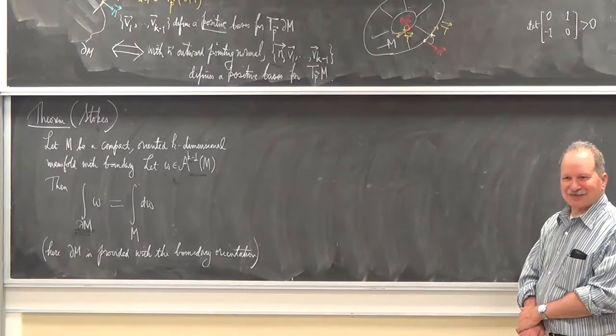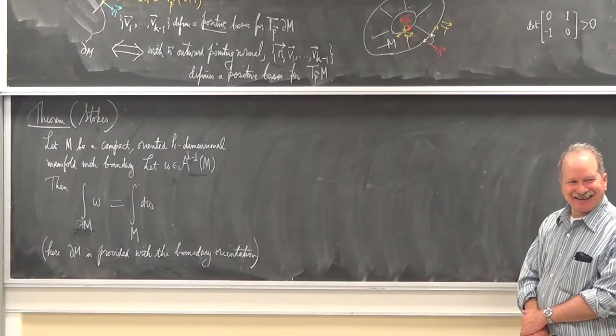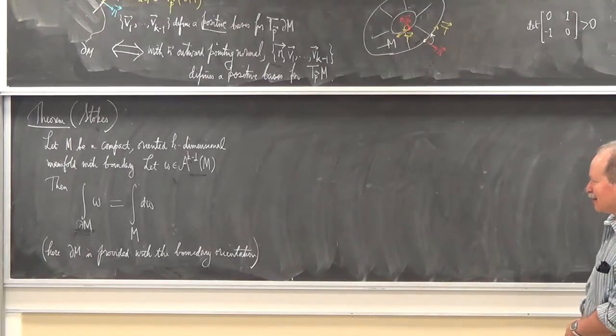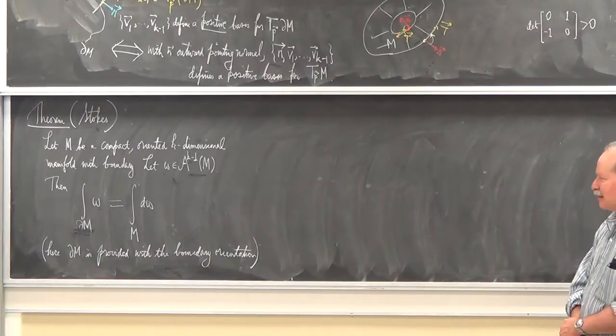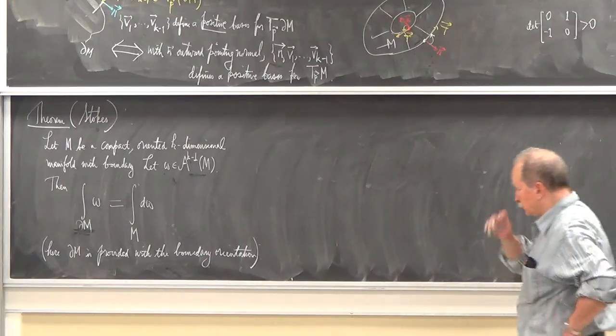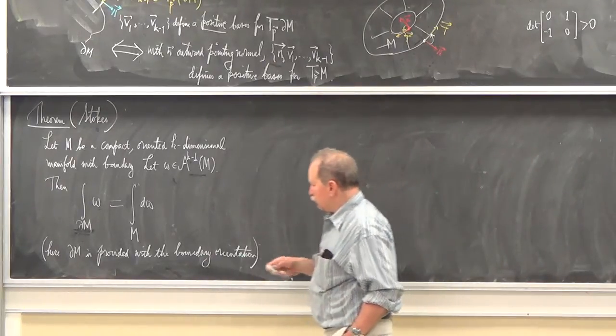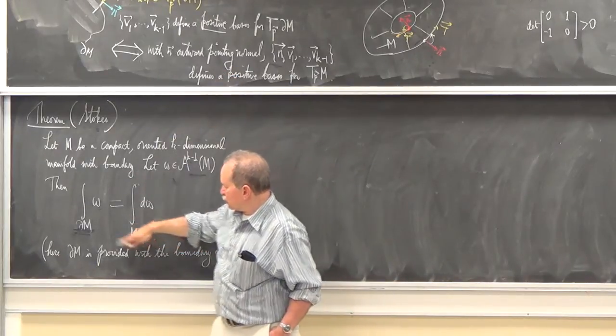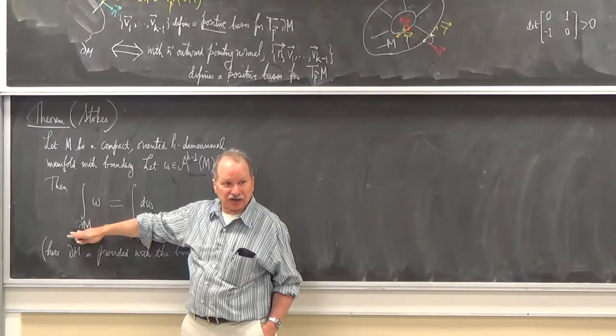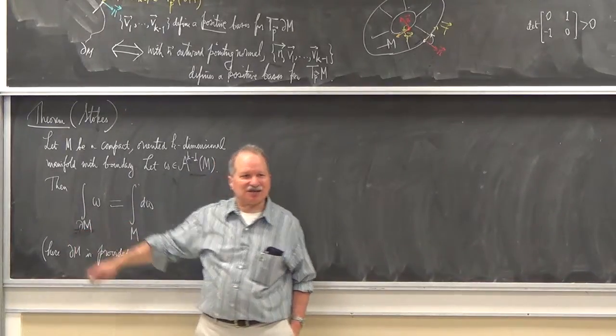I'm waiting for you to ask me the question. I don't know if this is the question you wanted, but if the boundary of M has a different orientation from what you would get, because you have the orientation of M, and then you have the orientation of boundary M. Well, but I'm saying following these rules, having an orientation here provides you canonically with an orientation there. Okay. So that wasn't the question.